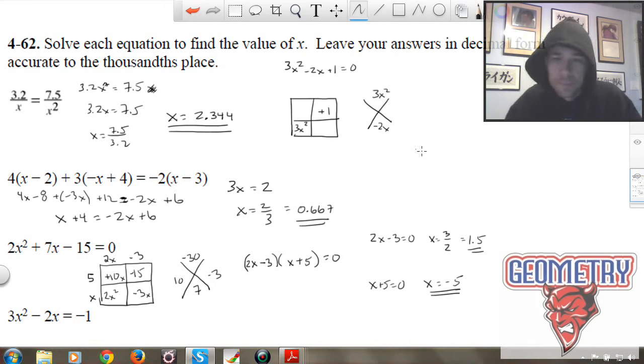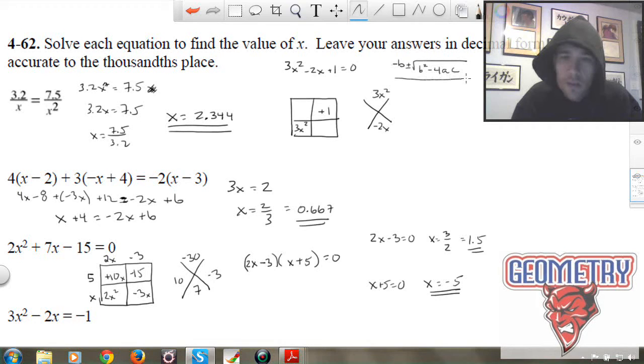Okay, so the quadratic formula is negative b, right up here, negative b plus or minus the square root of b squared minus 4ac all over 2a. And so I'm just going to plug these numbers in, right? That's our value of a, that's our value of b, that's our value of c. So plug them in.